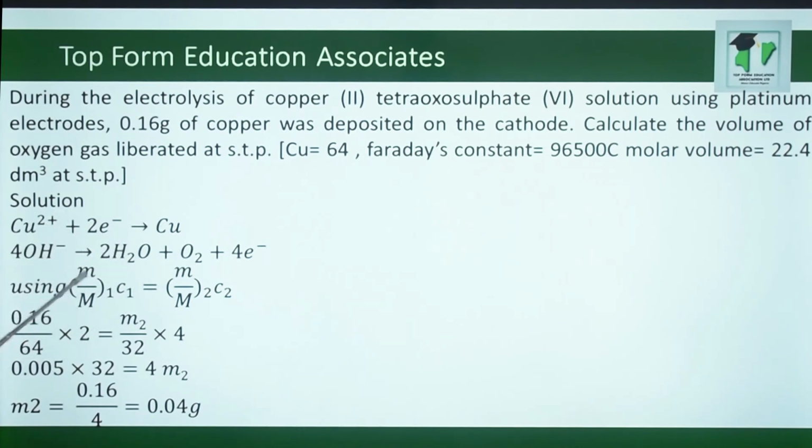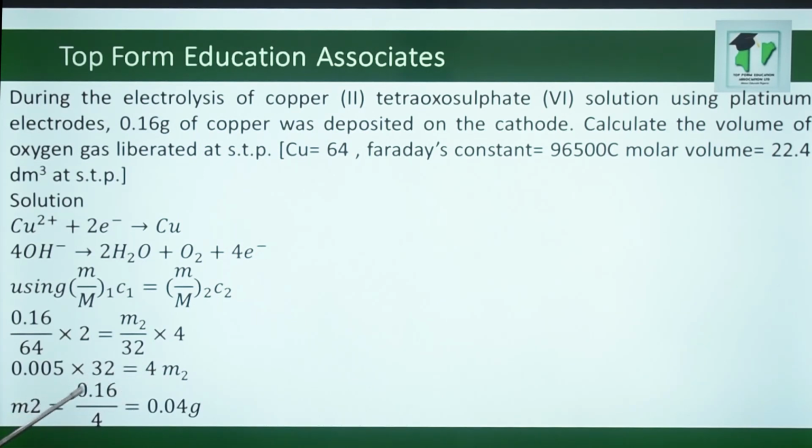Using M over M1C1 is equal to M over M2C2. That means that 0.16 gram of copper divided by 64 times 2 is equal to M2 over 32 times 4. This means that 0.05 times 32 is equal to 4M2.